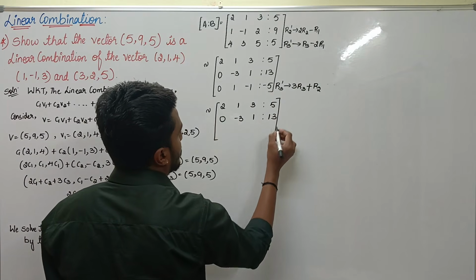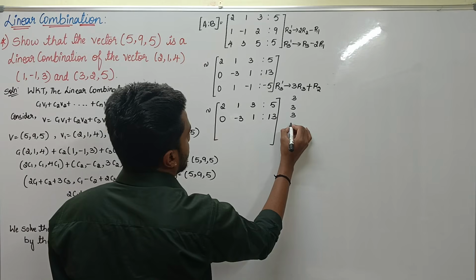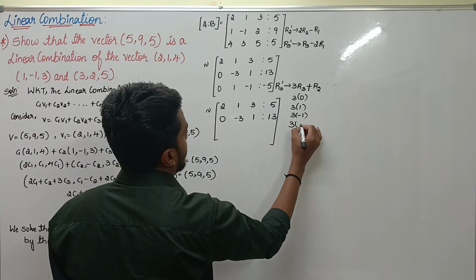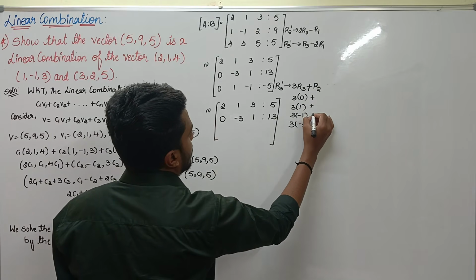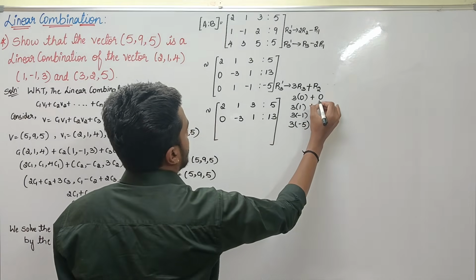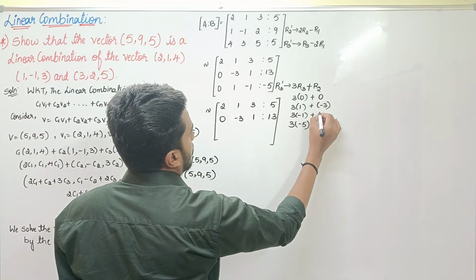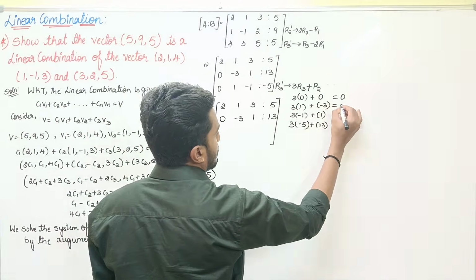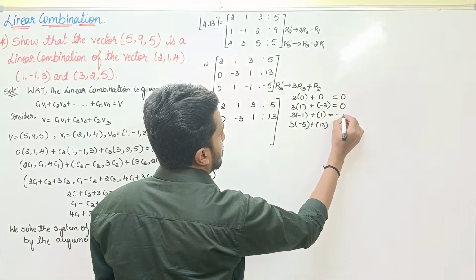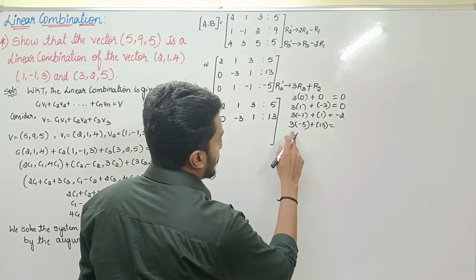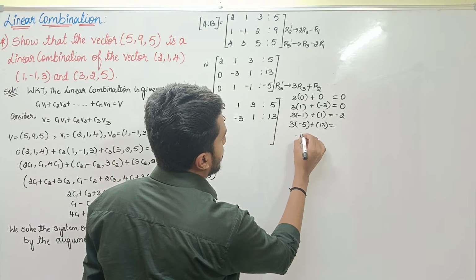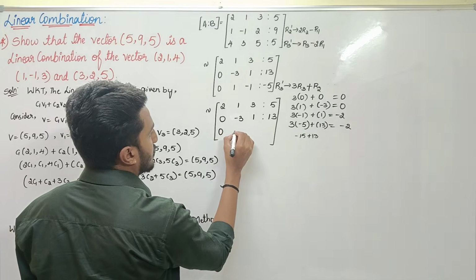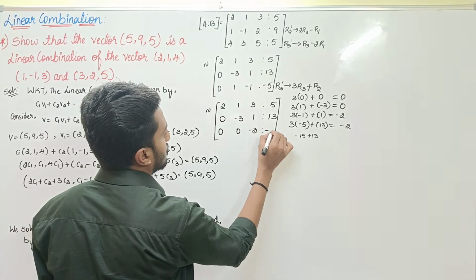Now let us simplify. 3 times R3, 0, 1, minus 1, minus 5, plus R2, which is 0, minus 3, 1, 13. 0 into anything is 0. 3 minus 3 is 0. Minus 3 plus 1 is minus 2. Minus 15 plus 13 is minus 2. That is 0, 0, minus 2, minus 2.